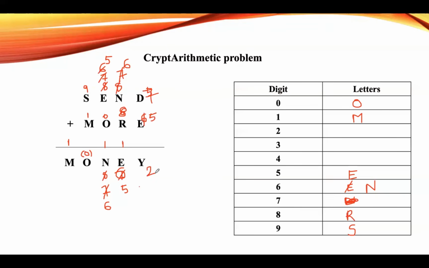Assign 2 to Y, and we already took the carry before. So this result is correct. This is the final result. So we got all the values assigned: we assign different digits to different letters, and this is the final result.